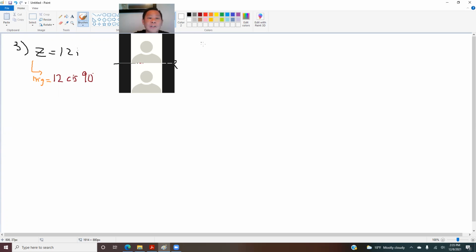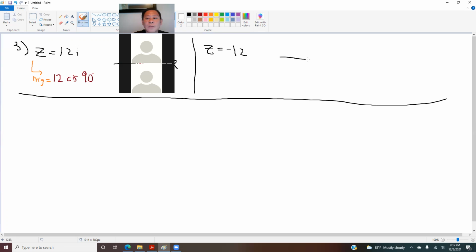But what happens if I just give you negative 12? Can someone tell me where this is on your complex plane, and what your trigonometric form is in this case for negative 12?